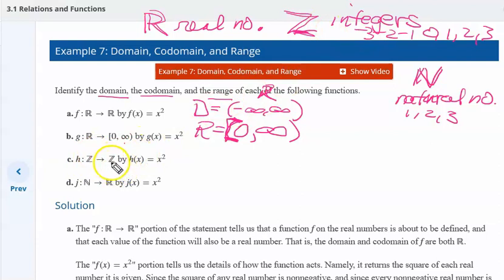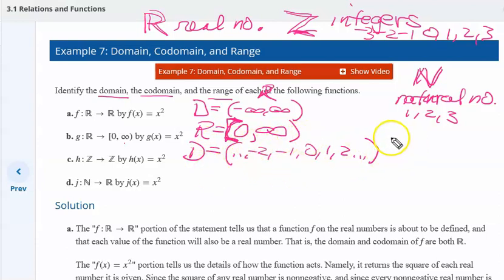Again, we're wondering which set of integers this produces. Well, our domain will be, we have to define this now as -2, -1, 0, 1, 2, and going to positive infinity on this side, coming from negative infinity.